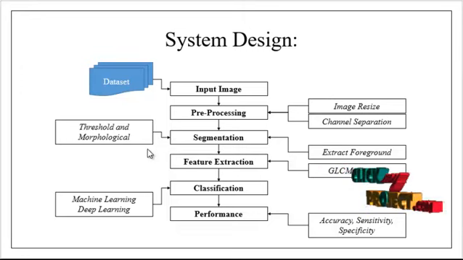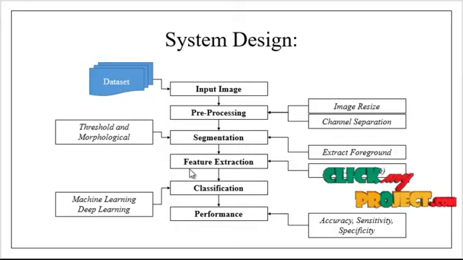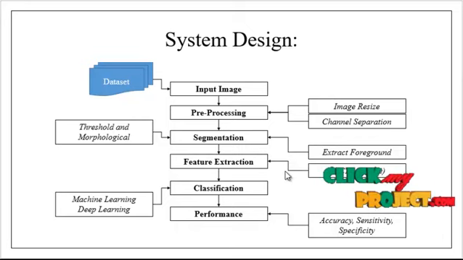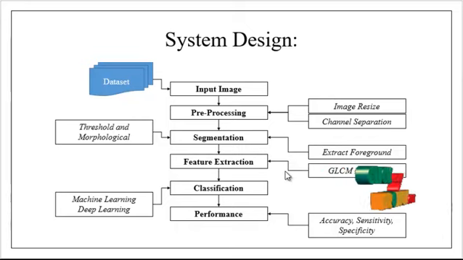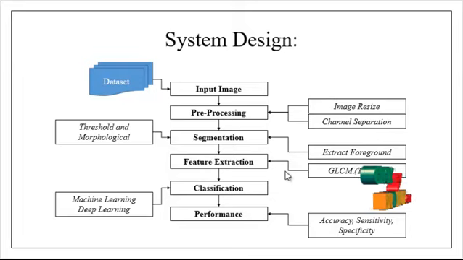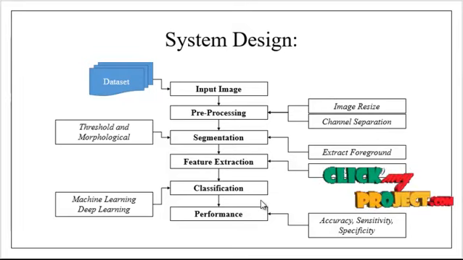After doing the segmentation, we move to the fourth stage of the project, that is feature extraction. The feature extraction is carried out by means of texture-based features using the GLCM algorithm, that is gray level co-occurrence matrix. After that, we move to the fifth stage, classification by means of machine learning and deep learning.